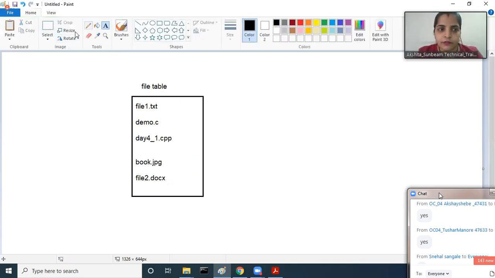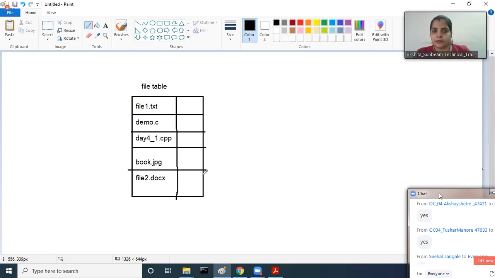There can be different types of files in my machine. Every file has its own extension and its information is maintained as metadata.